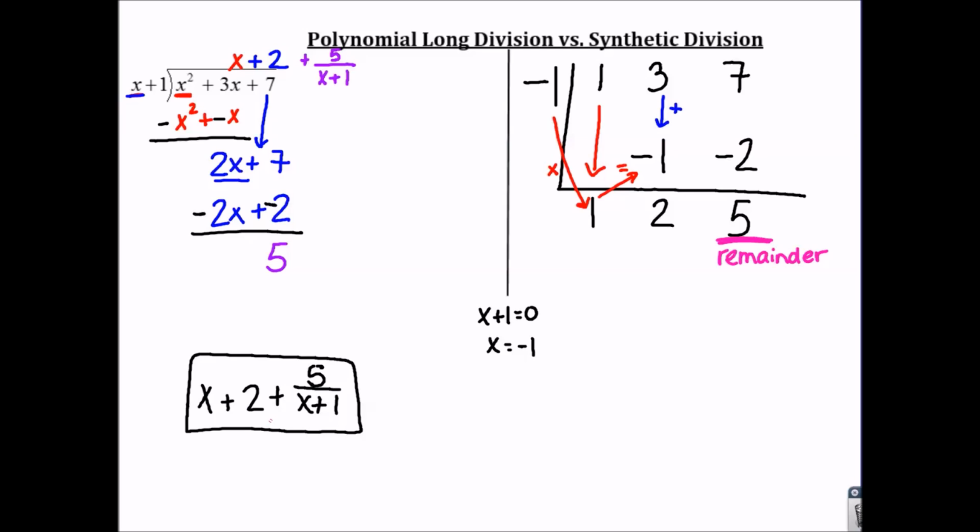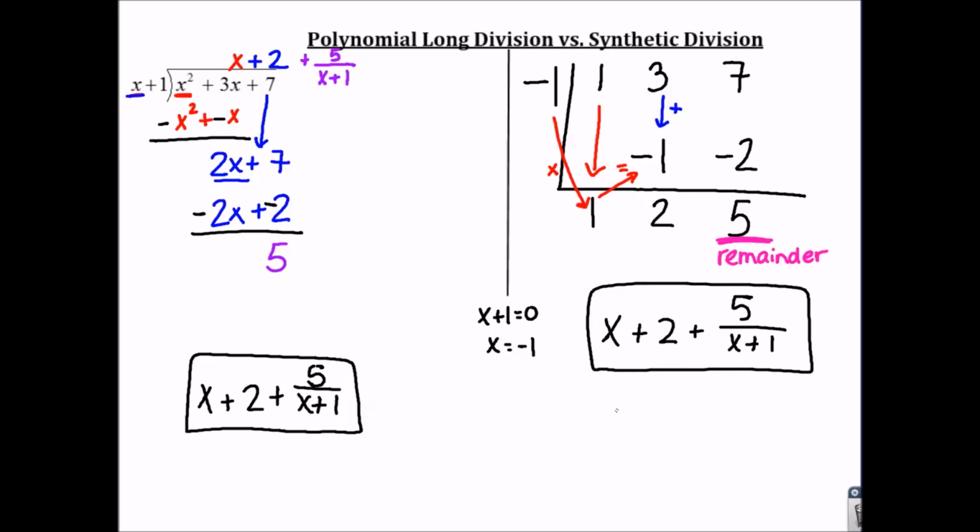So I started with a quadratic. So 1 degree less than that is a linear function. So my answer is going to be a linear function, and these are my coefficients. So my final answer here is 1x, or just x, plus 2. And then this is my remainder. So plus 5 over x plus 1, which is the same answer I got when I did long division.